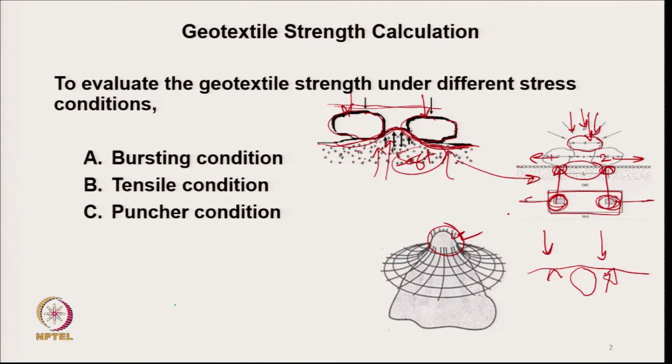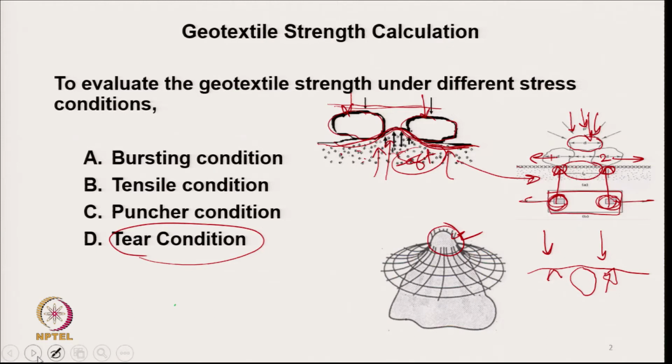So, this puncture is typically associated with the tear condition. If we see puncture and tear, they work together. So, we will see that the puncture strength and tear strength effectively are the same and their expressions are the same.